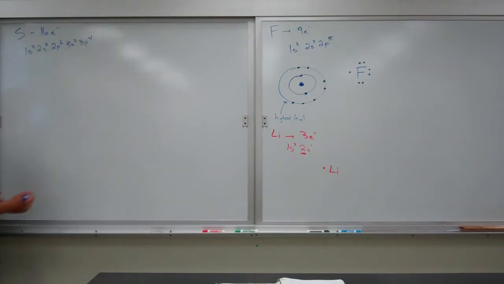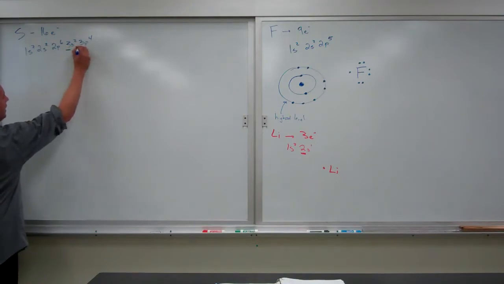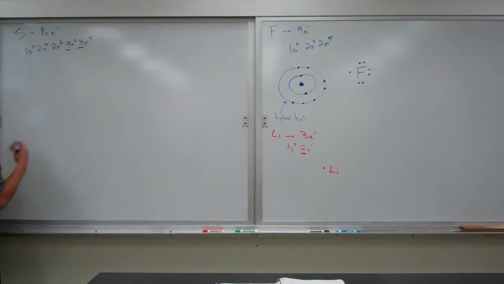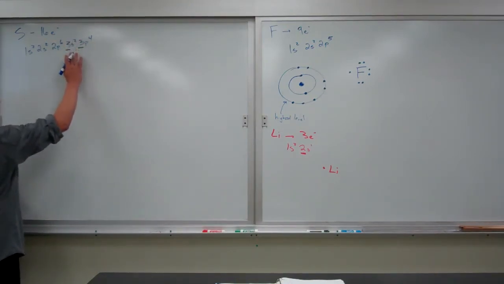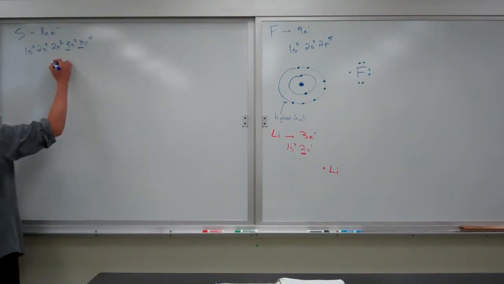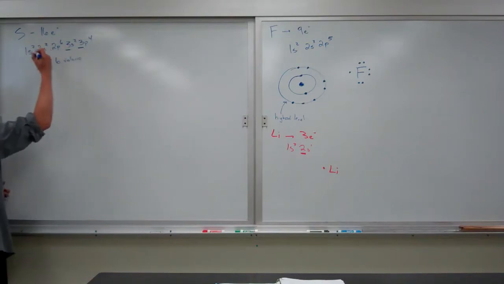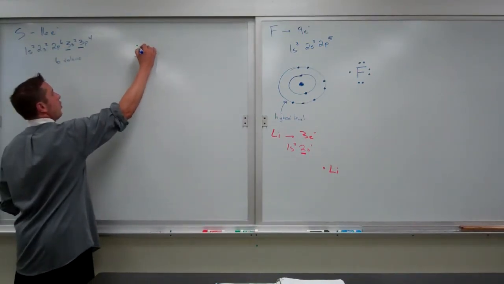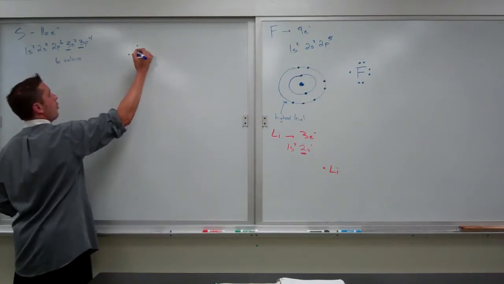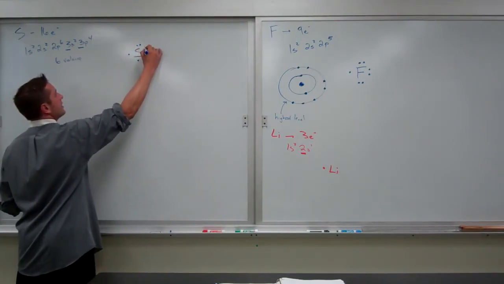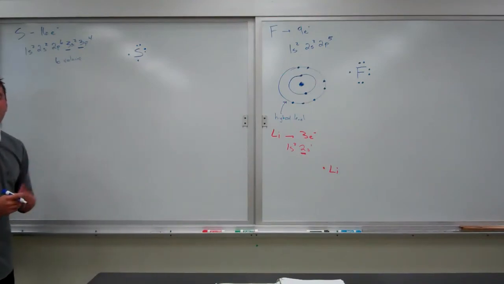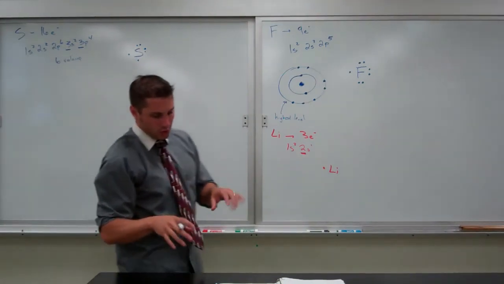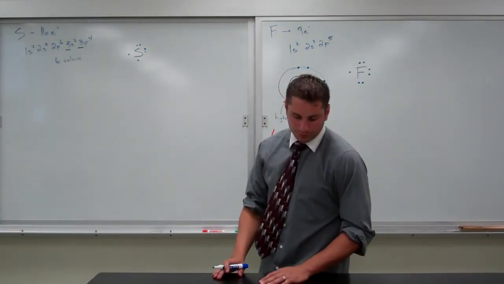So looking at this, the highest level I see is 3. With that being said, there's 2 in this third level, 4 in this one, so there are 6 valence electrons. So I would have sulfur S with 6 dots. 1, 2, 3, 4, 1 on each side, 5, 6, pair them up. That would be the electron dot notation for sulfur.